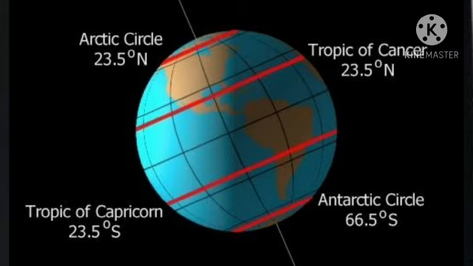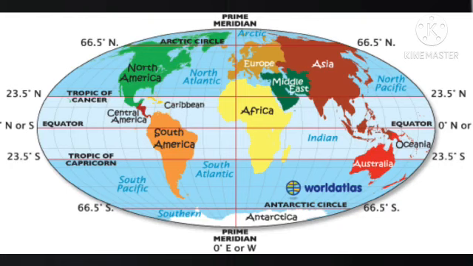Can you see another image? This image shows the important lines of latitudes. You can see here 23.5 degree north. This line is called Tropic of Cancer. At the same time, in the south you can see 23.5 degrees south.